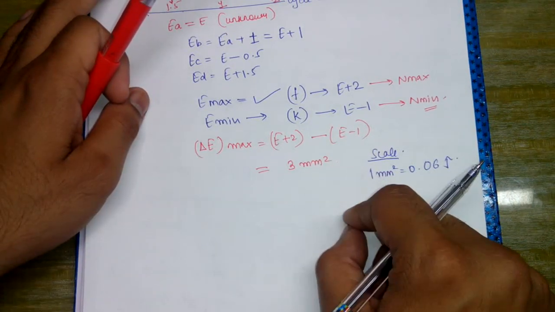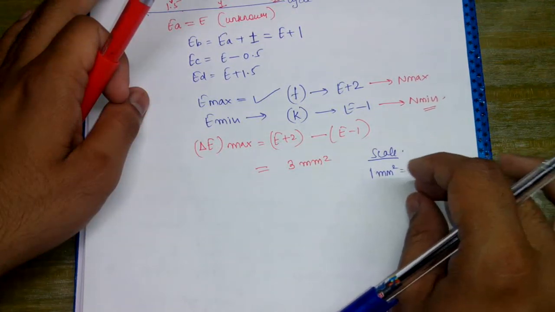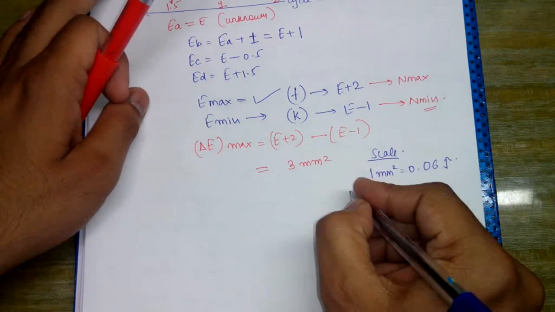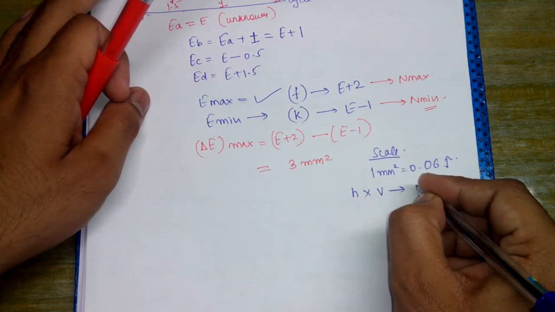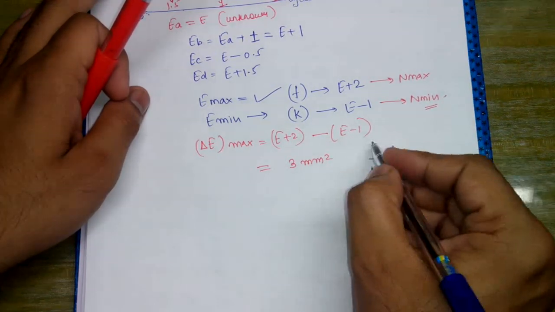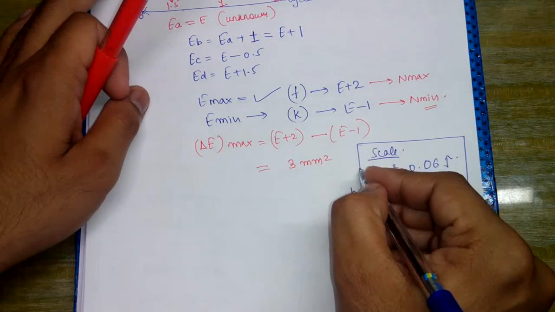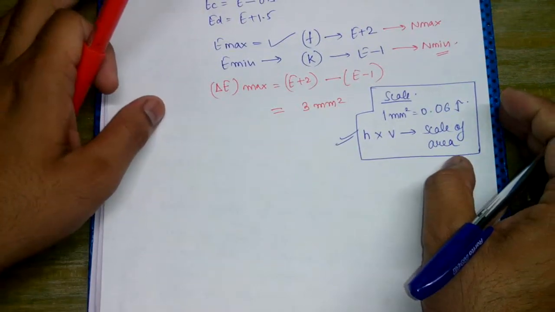Sometimes horizontal and vertical scales may be given separately, so we multiply them together: the horizontal scale multiplied by the vertical scale gives the scale of area. This is an important point which needs to be remembered while solving the numericals.